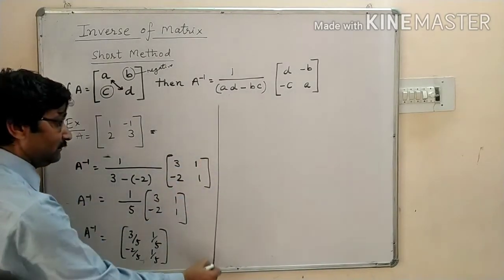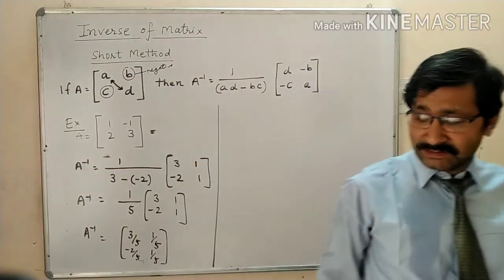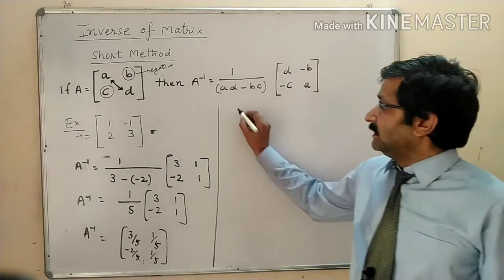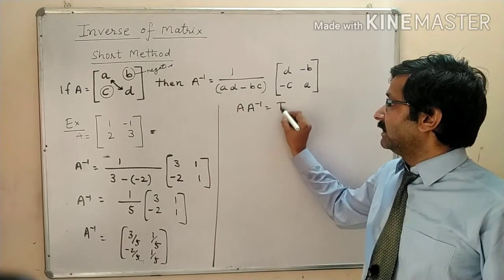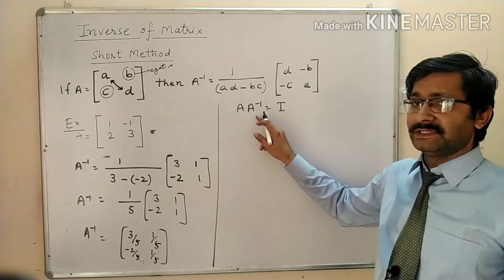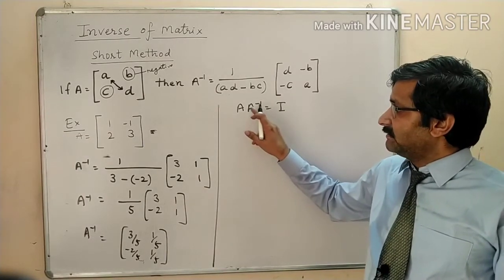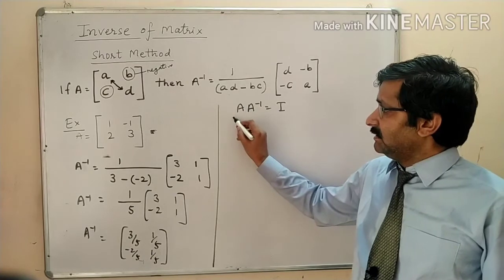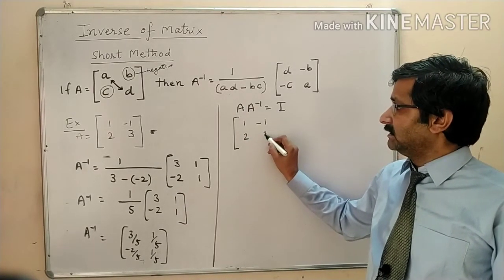Now we have to verify that this A inverse is the inverse of this. How can we verify? Look here. We verify this way: if you multiply A into A inverse, you should get I. Then only we can say this A inverse is the inverse of A. Here A is 1, minus 1, 2 and 3.